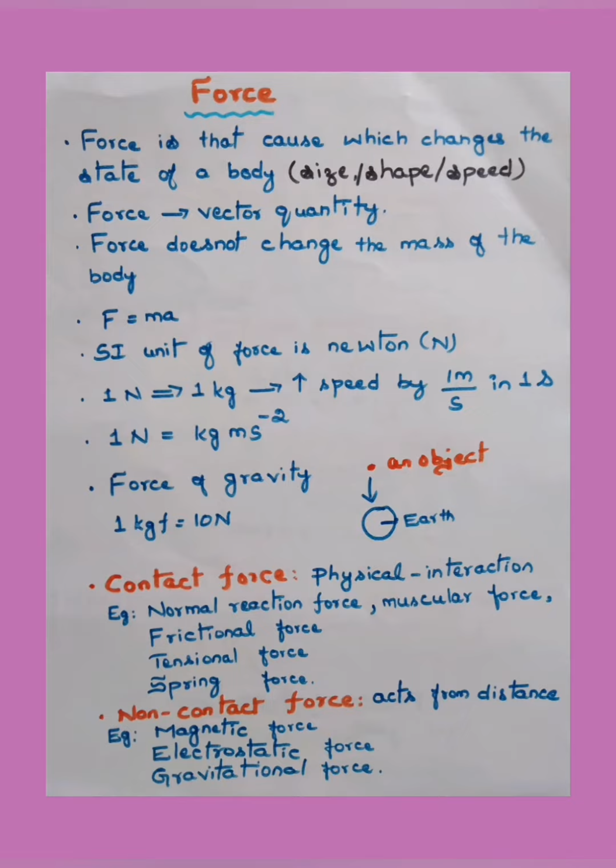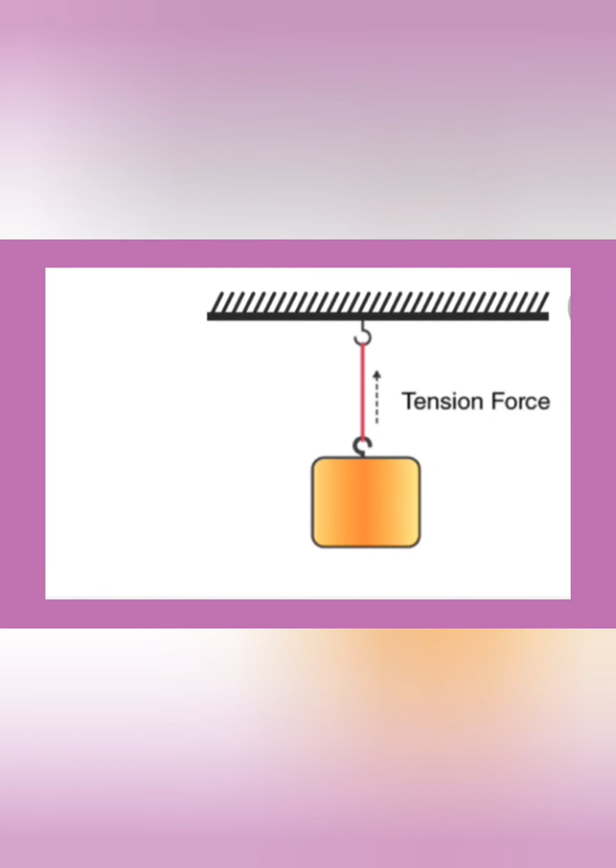Okay. Moving to tensional force. You can observe here, there is an object hanging with the help of a support. So this is the rigid object. The object is hanging here, and this object experiences a force of tension which is upward.